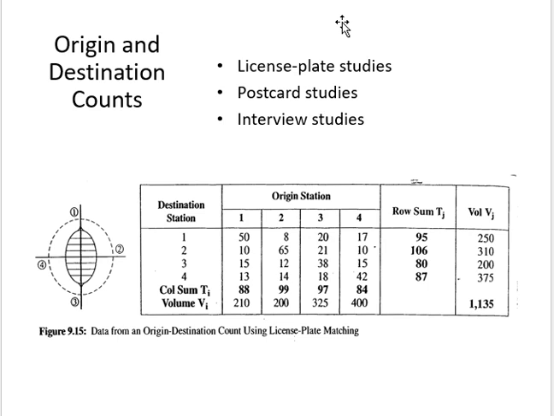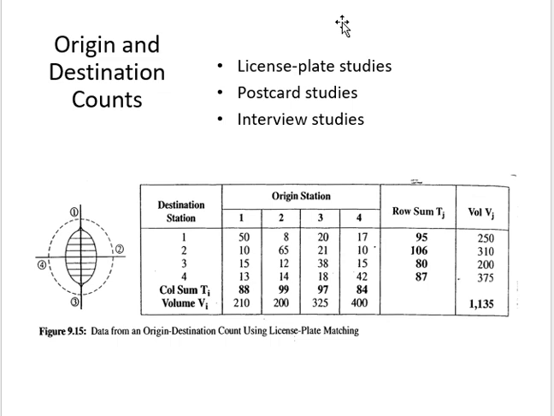Somebody was standing at the entry of zone 1 and they counted 250 vehicles. So the total number of vehicles entering zone 1 is 250, and so on. Clear? So whichever of these methods you use, you will get a sample. Then you will do a counting study for actual vehicles entering and actual vehicles exiting.